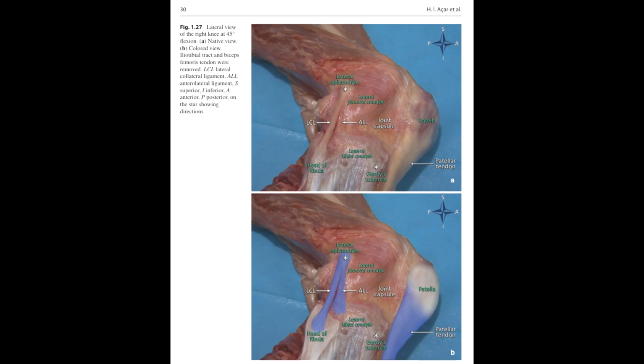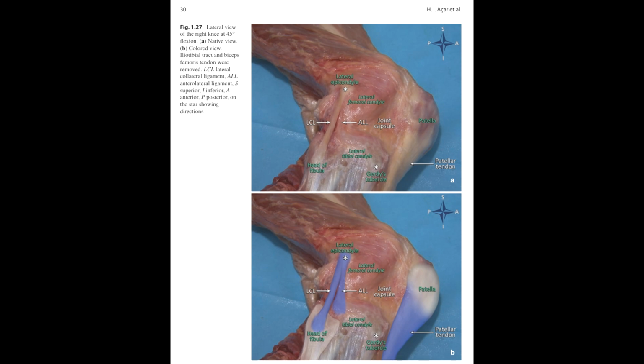The lateral collateral ligament, LCL, also called the fibular collateral ligament, originates just proximal and posterior to the lateral epicondyle. It runs obliquely downward in a cord-like fashion, finally inserting on the lateral surface of the head of the fibula. Unlike the broad and flat medial collateral ligament, the lateral collateral ligament is round in cross-section, resembling a tendon.